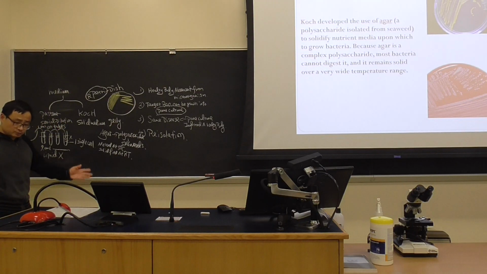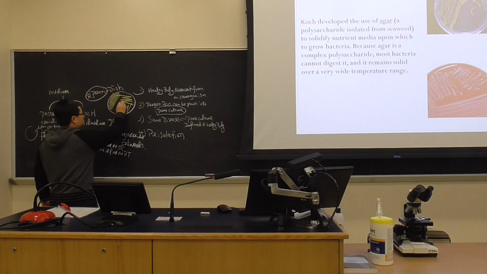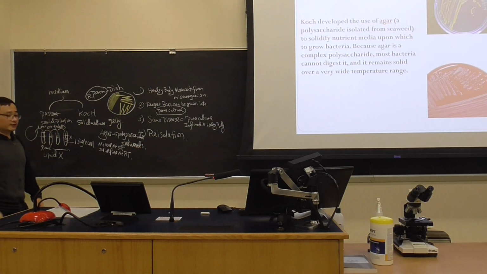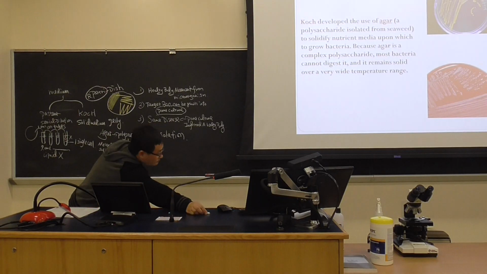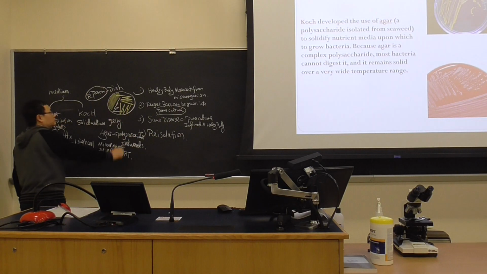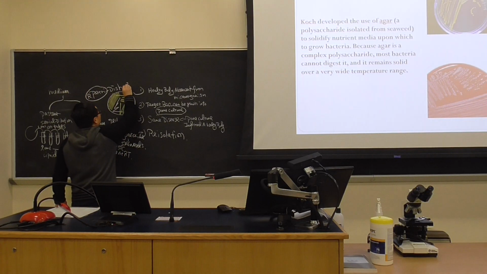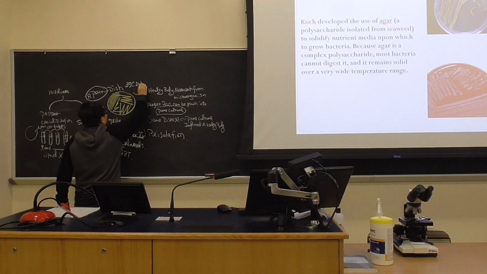And then you flame the loop again and streak from the edge of the second one to a much less intensive streak. And then you flame the loop again to a final one. And these plates need to be incubated at 35 degrees Celsius for 24 hours.